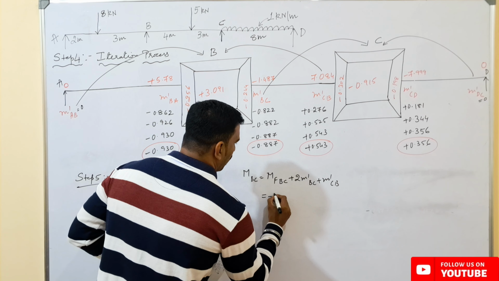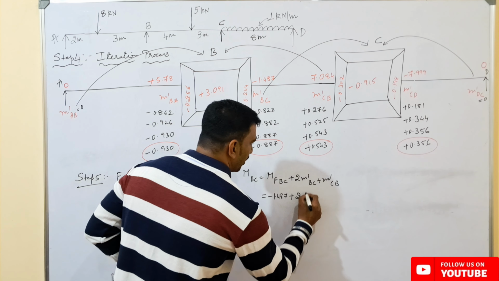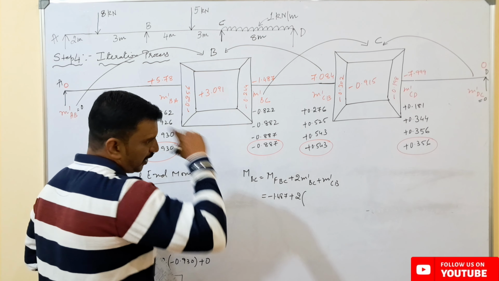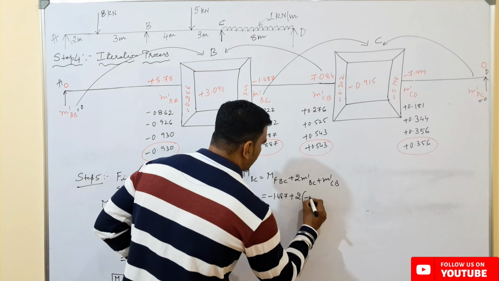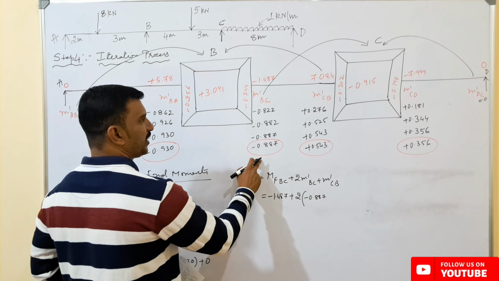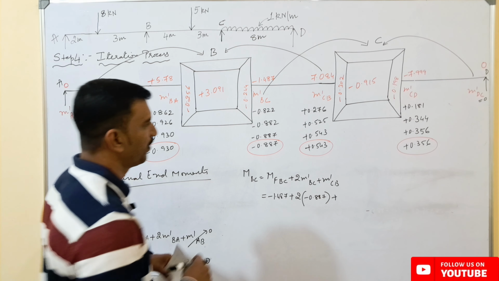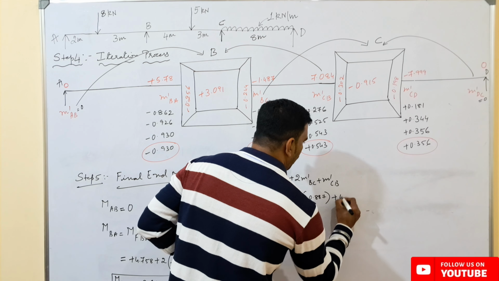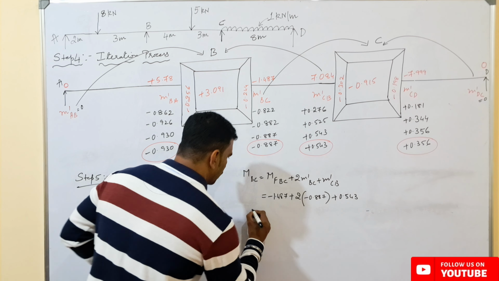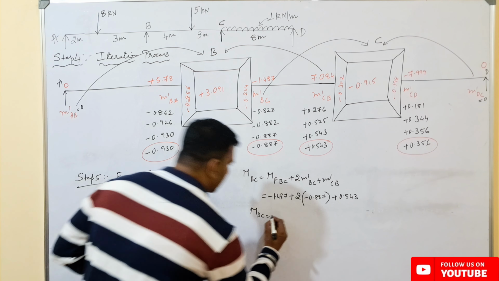Minus 1.487 plus 2 times the rotation contribution about the near end, that is minus 0.887, that is M'BC. So M'BC value we have got here is minus 0.887, plus the rotation contribution about the far end. So M'CB we have got here is plus 0.543.